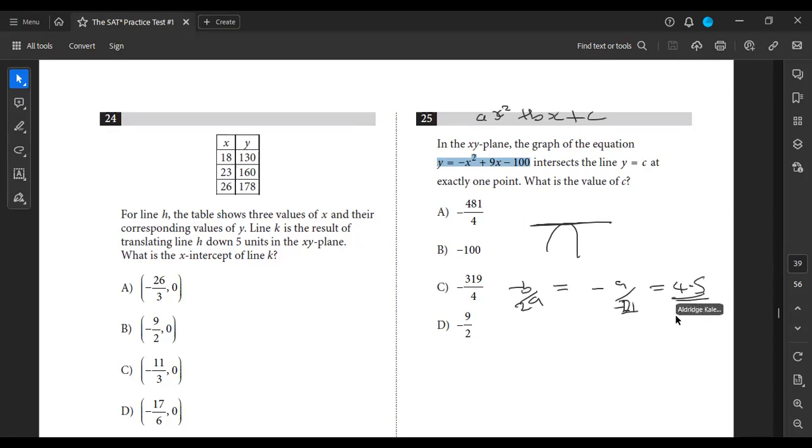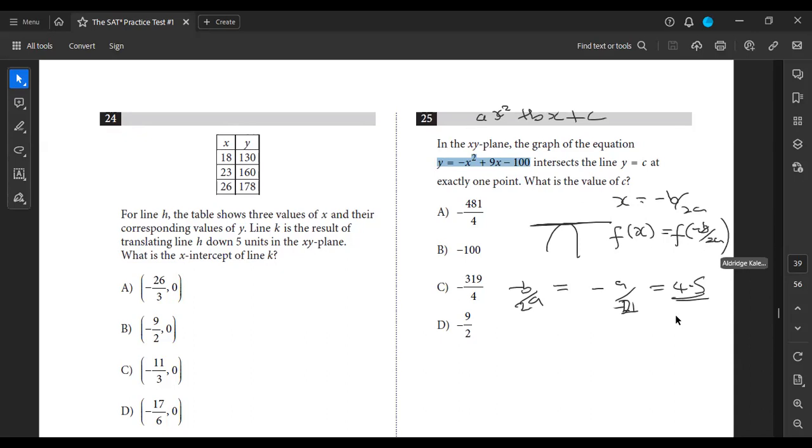That's just a shortcut for the x value. If you want to find the x value, you just do negative b over 2a. So the y value will be f of x, or f of negative b over 2a.